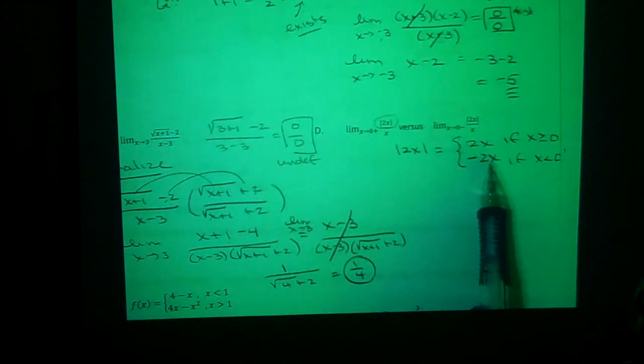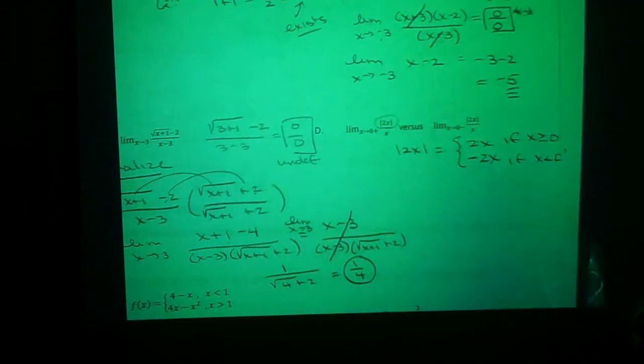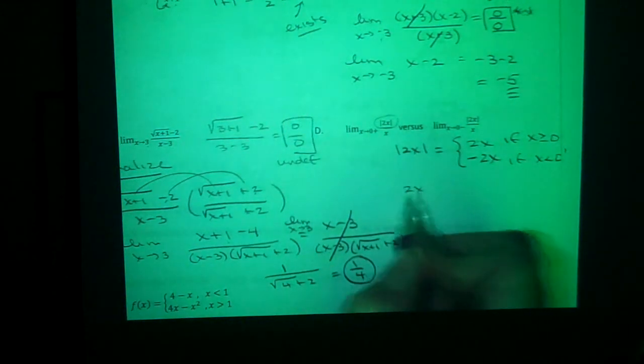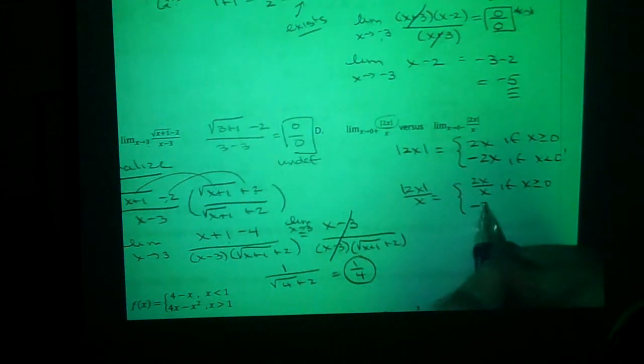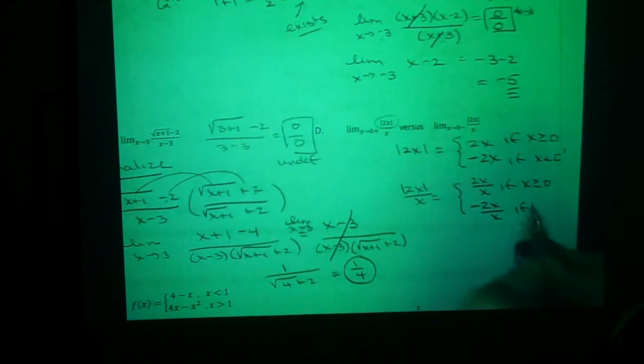So we're going to rewrite our absolute value piece as a piecewise function, which allows us to rewrite our function as piecewise, as either 2x over x if x is greater than or equal to 0, or negative 2x over x if x is less than 0.